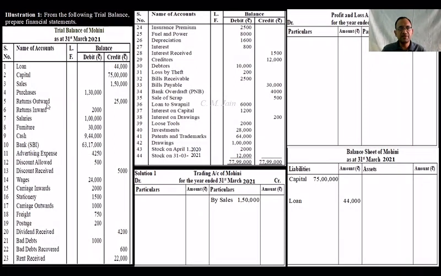Returns outward means purchase return is also given. So even purchase amount we will write in inner column. But where? In trading account, debit side. Yes. Purchases, inner column, 1,30,000.